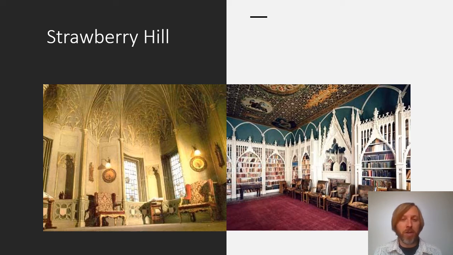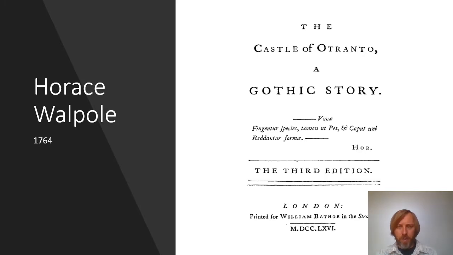But his major literary achievement, of course, was a text. And his text is The Castle of Otranto, which he calls a Gothic story. This is where the name also comes from for the mode of writing, originally published in 1764, pseudonymously, without the name of the author.